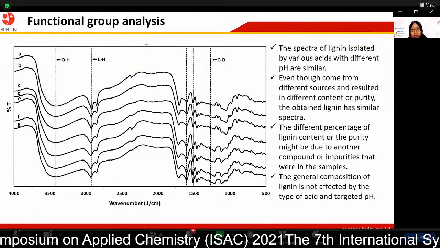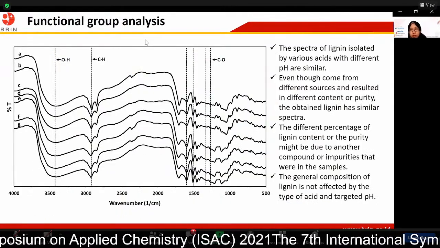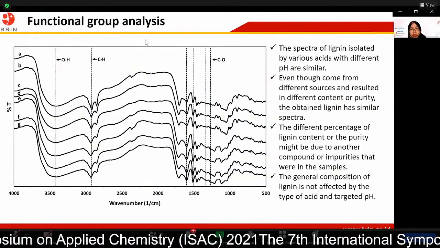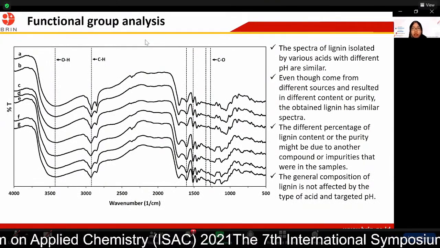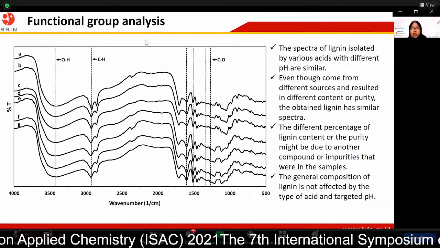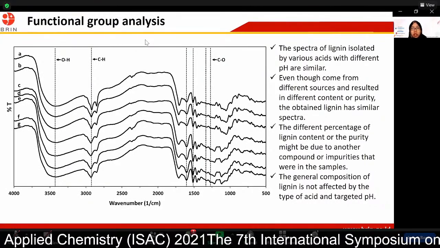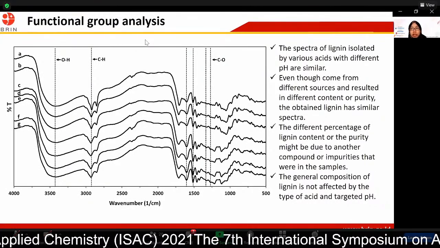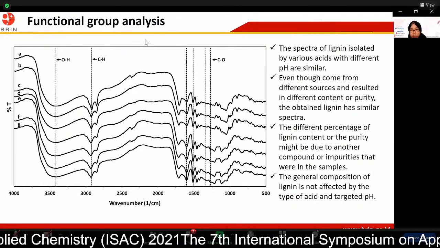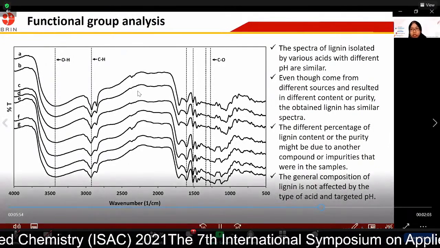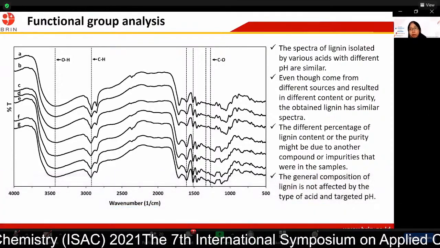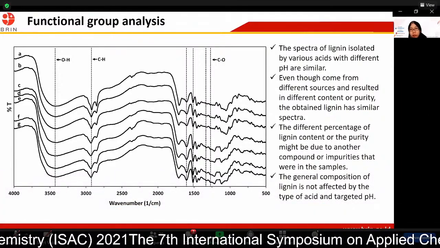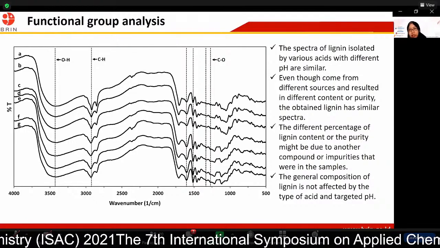Okay, the next one is the functional group analysis, in which the spectra of the lignin isolated by various acids with different pH are similar, even though from different sources, and resulted in different lignin content or purity. The obtained lignin has similar spectra. The different percentage of lignin content or purity might be due to impurities or other compounds in the samples.